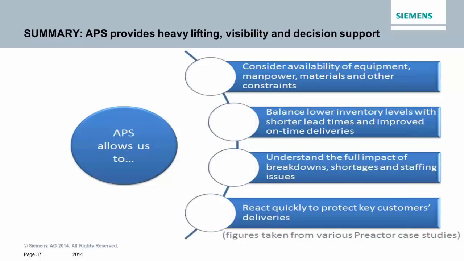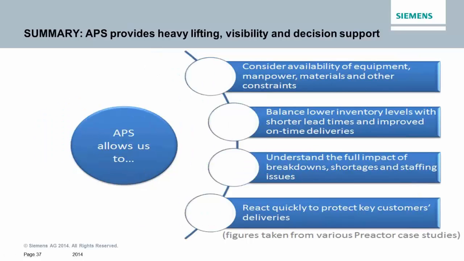So in summary, APS provides the heavy lifting. It'll consider the availability of the equipment, the manpower, the materials, and whatever other constraints that you have in your manufacturing process. It can balance lowering the inventory levels against having shorter lead times or increasing your on-time deliveries.